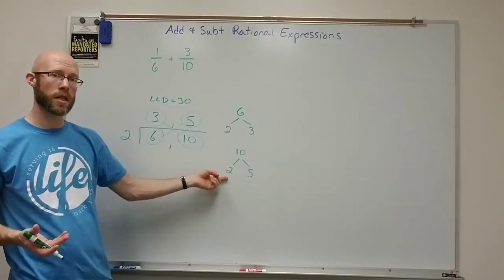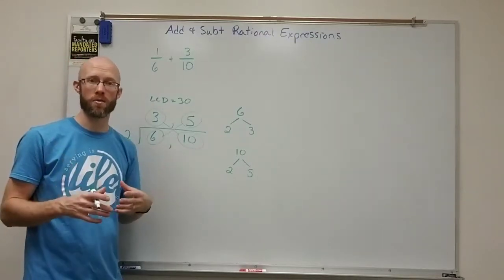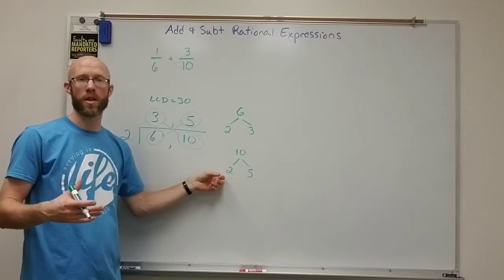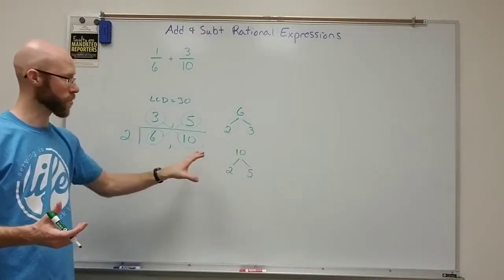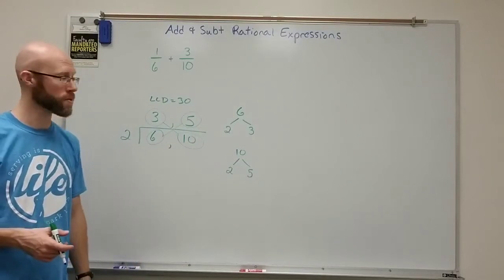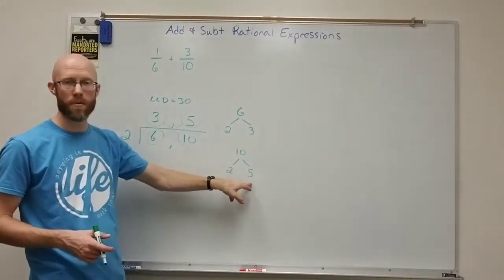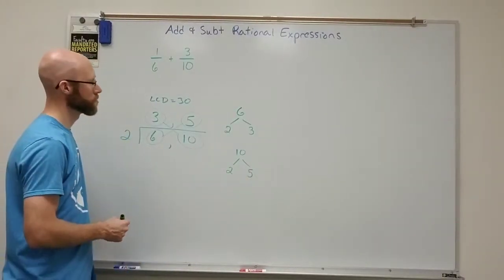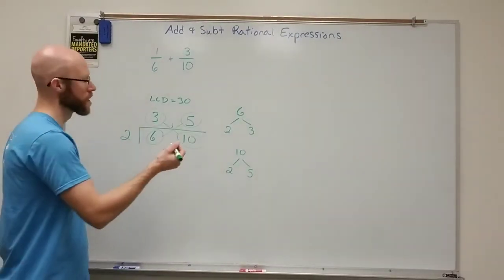The only time you really need to repeat them is if you have powers on those. And so if I had an x and an x squared, I'd want to use the largest power. Other than that, I just want to make sure everything gets included once. So here, I need a 2 times a 3 times a 5, which is equal to 30 as well. So that's the method we're typically going to be looking at here.